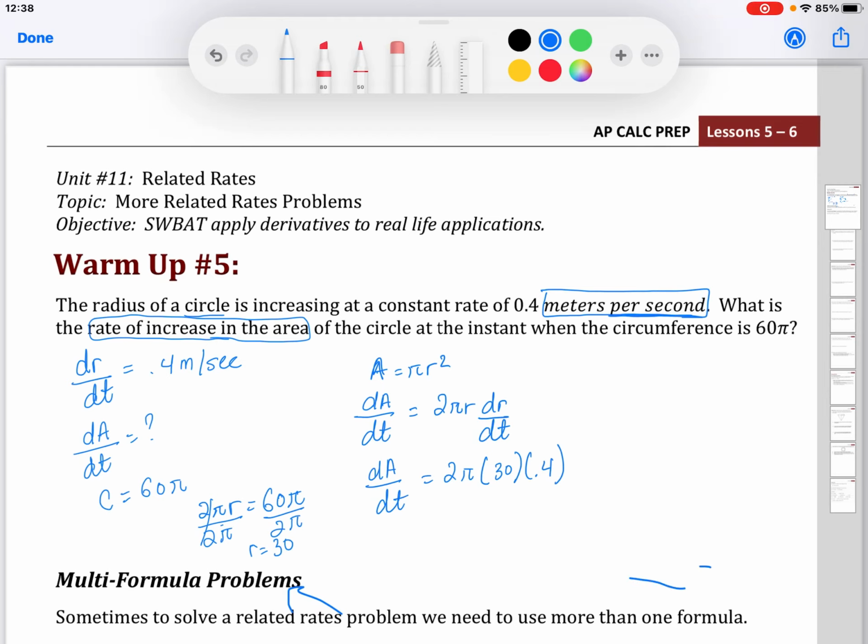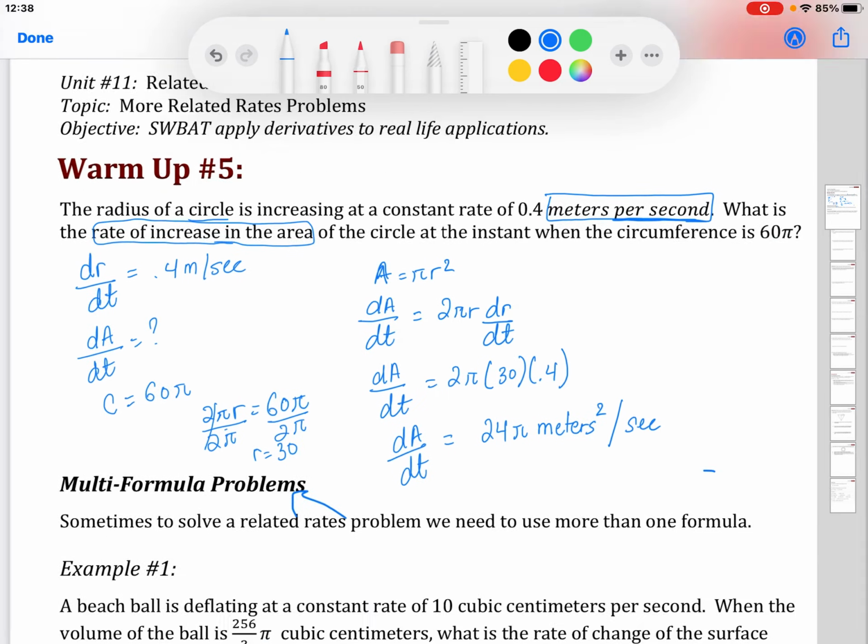We're not using the calculator, so your answer will be in terms of pi, because it didn't tell us to round. Which would be 24 pi. It's area, so it's going to be meters squared per second.